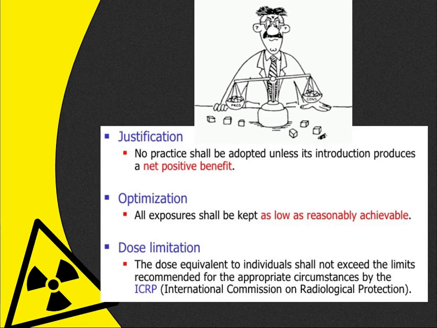And optimization: all exposures shall be kept as low as reasonably achievable. The third one is the dose limit. The dose equivalent to individuals shall not exceed the limits recommended for the appropriate circumstances by the ICRP, which is the International Commission on Radiological Protection.